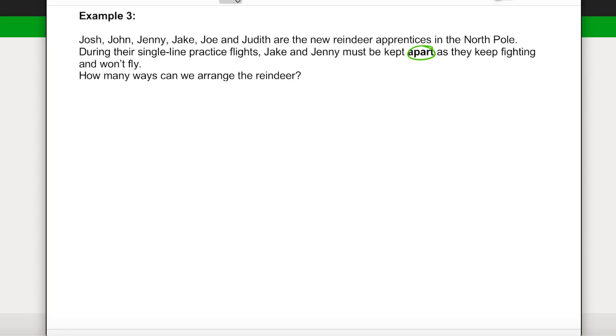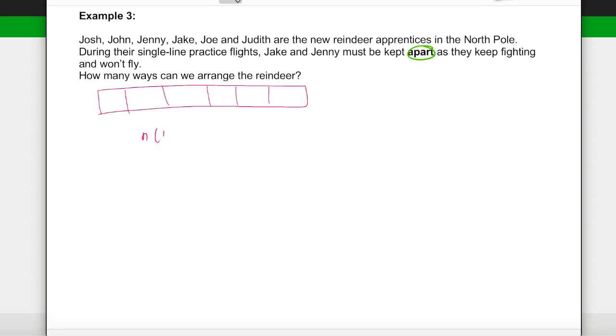Now, rather than drawing a rectangle of 6 and trying to work out all the different ways that they could be apart, which would be quite a lot, we can make it easier on ourselves by working out Jake and Jenny being together and then taking that away, so using the complement.